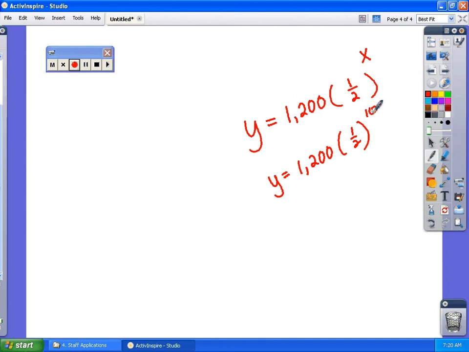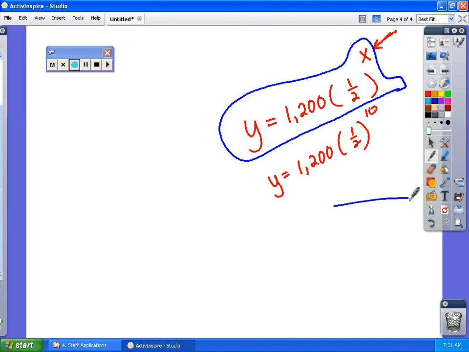And in my calculator, I'm just going to use that. Whatever this equals is going to be your answer. Now the next problem says, when will there be under 10 mice? In this case, you could keep plugging in numbers until you get under 10 mice, but the best thing you can do is graph this original equation on your graphing calculator and look at the table for when y is less than 10.